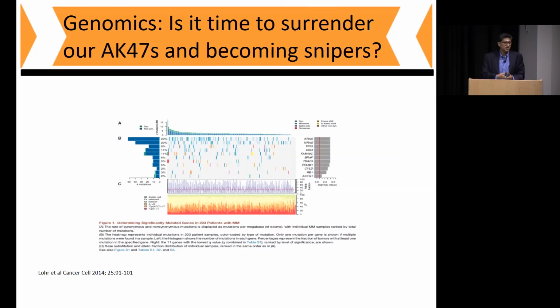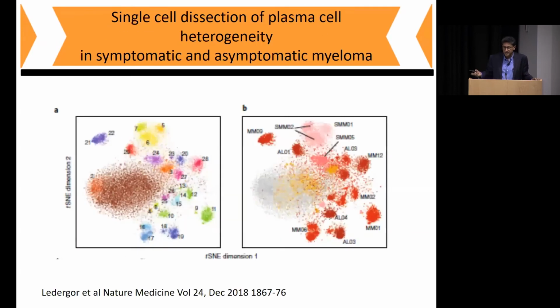What you're doing is taking the whole cancer, all the cancer cells, and asking how many mutations are there. Now we have technology called single cell sequencing that is able to go down to a single cell level. So in this graphic here, each dot is a single cancer cell from the same individual.